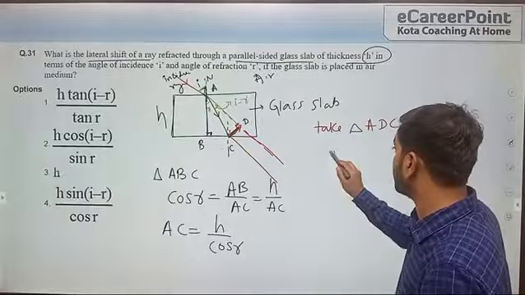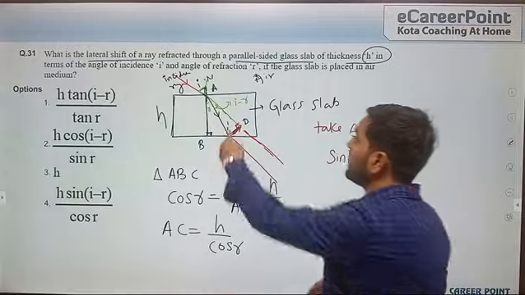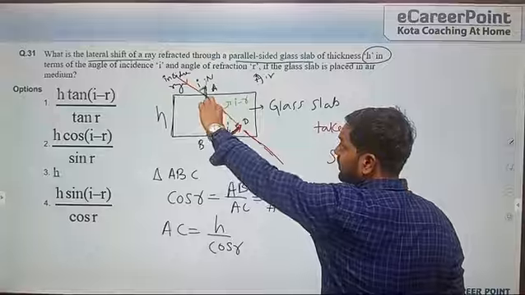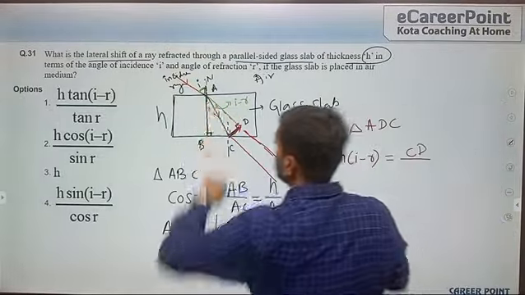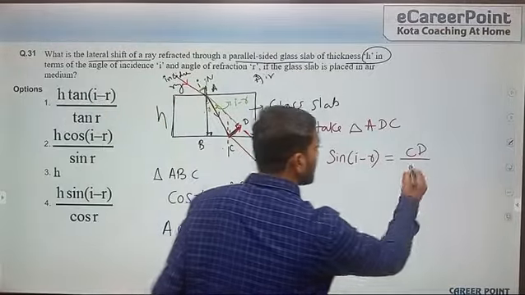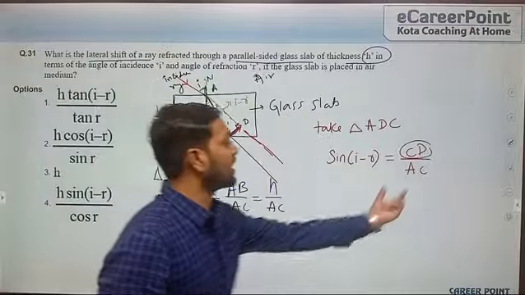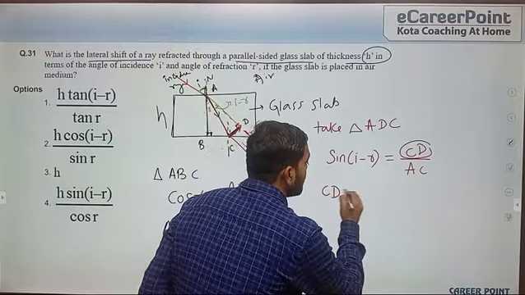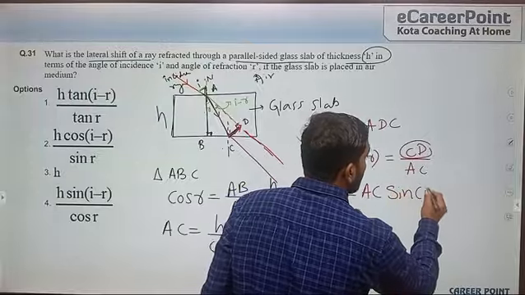Sine of (i minus r) is equal to the opposite side CD by the hypotenuse AC. We want CD, so taking AC to the other side, CD is equal to AC sine of (i minus r).